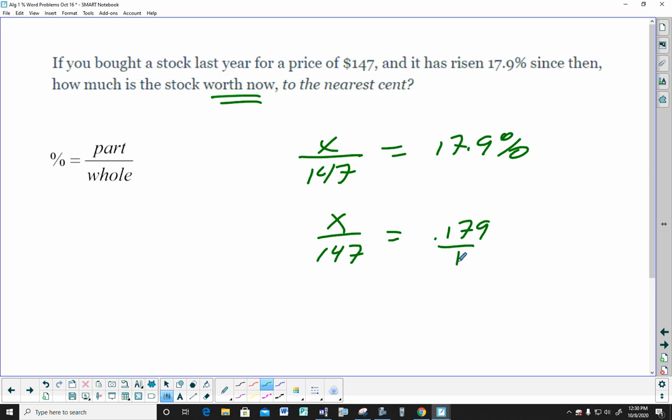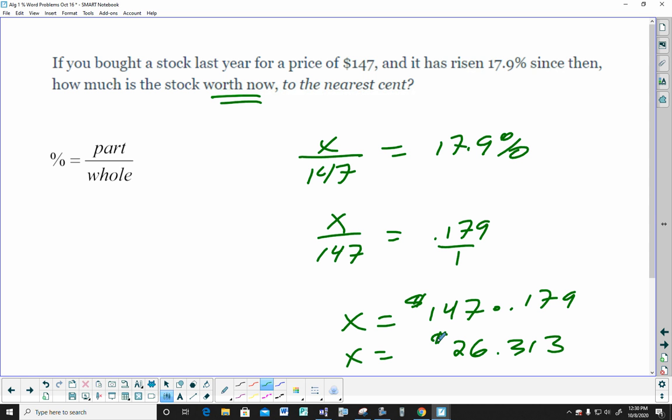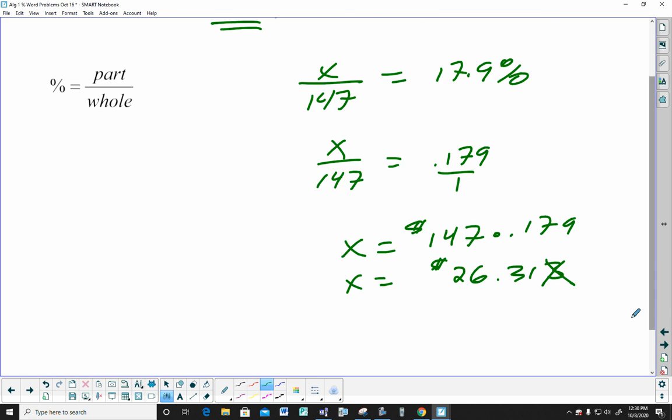If I stick that over 1, cross multiply, x is equal to 147 times 0.179. Now when I do that, you have to be a little bit careful, and I get x equals 26.313. So first off, this is money that you're talking about. This is less than 5, so I'm cutting it off.